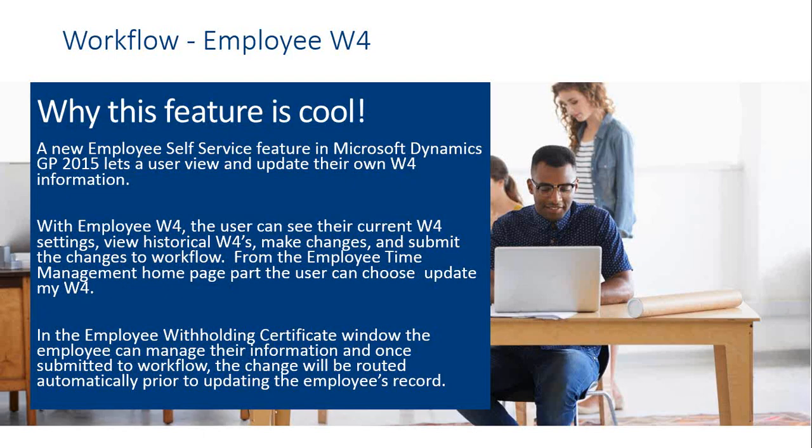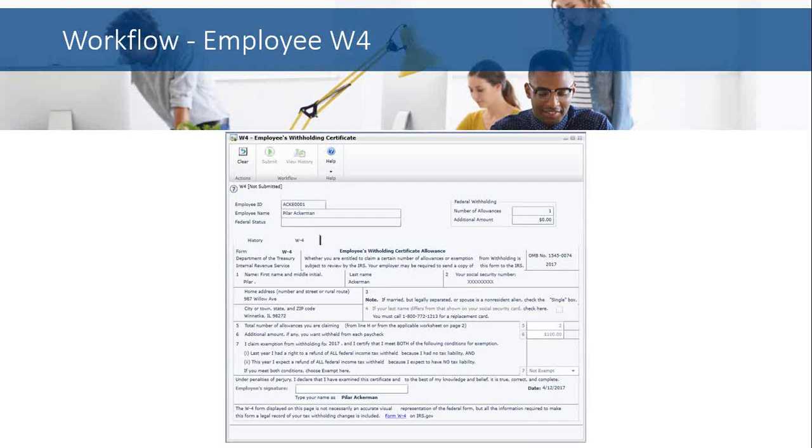Also, on the HR and payroll side, employees can update their W-4. They can make changes, submit the changes, and then they can then be approved through the HR team. And you see that this window looks very much like a W-4.